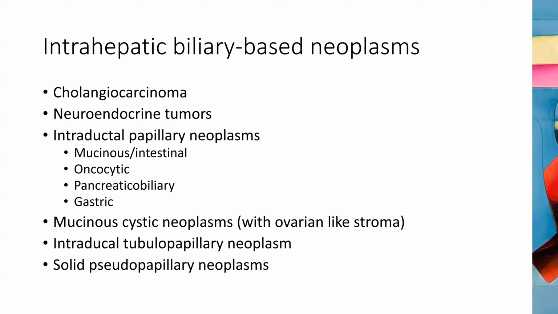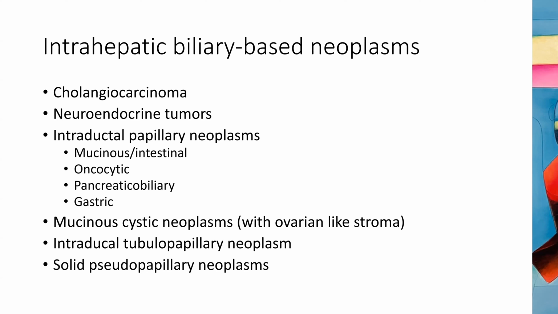Then we have this group of intraductal papillary neoplasms that is a mixture of tissue types that can include a mucinous intestinal type, like what you'd see in the pancreas, oncocytic tumors, pancreatico-biliary type pattern epithelium, and even gastric pattern epithelium in these papillary neoplasms.